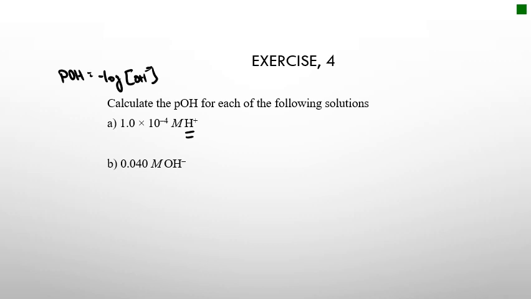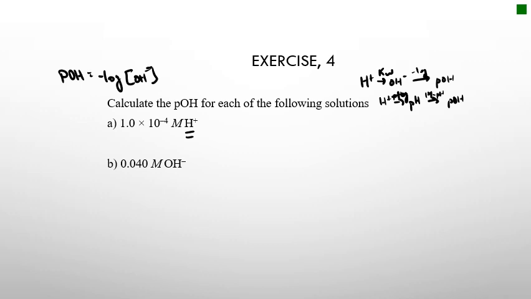Looking back at our little chart for these problems, I can take the H+, convert it into OH- using that KW formula, and then using your negative log of the OH- forming the pOH, or I could simply take the H+, using your negative log formula, convert to pH, and then from there, using your 14 minus pH, determining the pOH.